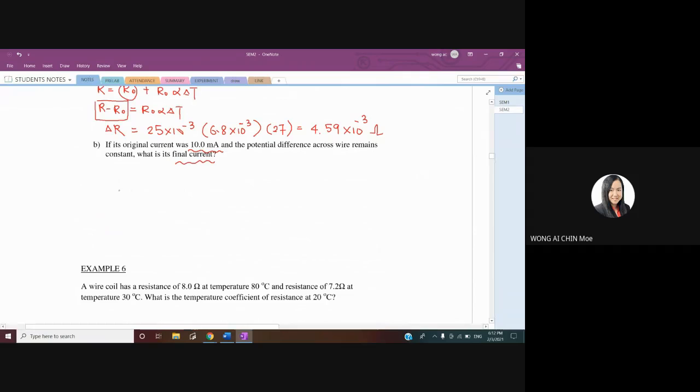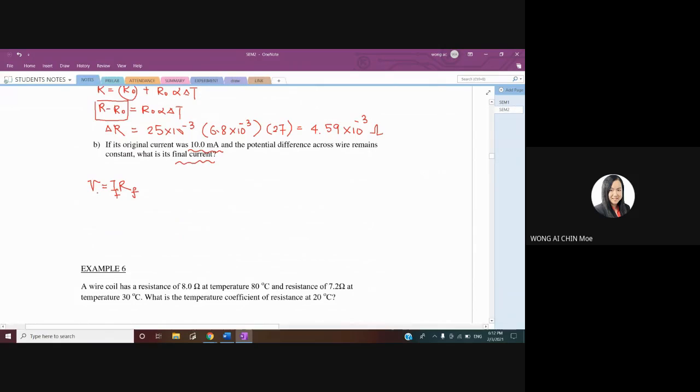So we want to find the final resistor first, because V equals IR. If we want the final current, then for R you must also take R final, and V is constant.